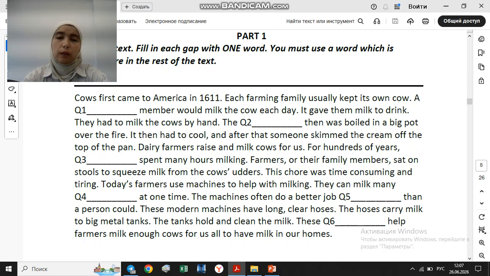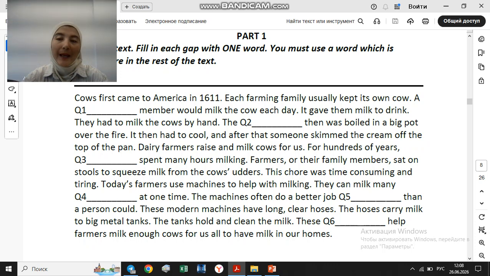Have a look at the first sentence. Cows first came to America in 1611. Each farming family usually kept its own cow. A blank member would milk the cow each day. Have a look at the question for the first gap. We have to analyze what kind of word to put.